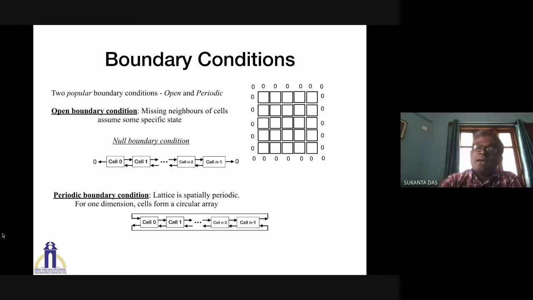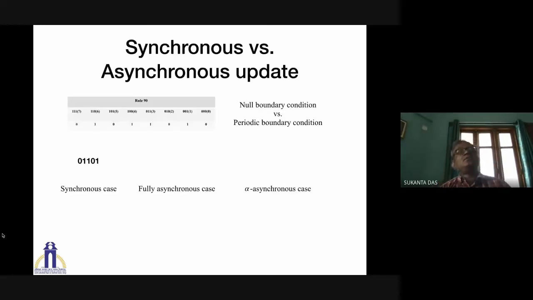Okay. Now come back to this asynchronous CA case, and we shall see how the cells are updated in case of asynchronous CA. Let us take an example. Here we'll discuss synchronous updating as well as asynchronous updating, and here we consider rule 90. We are considering the one-dimensional case.